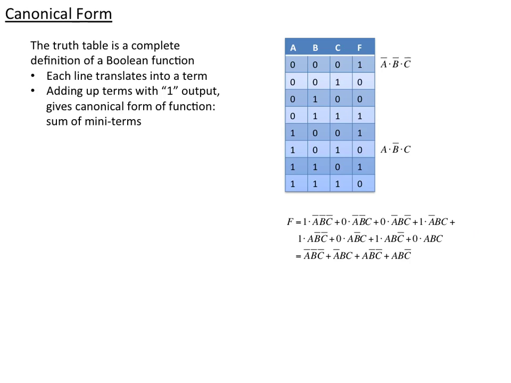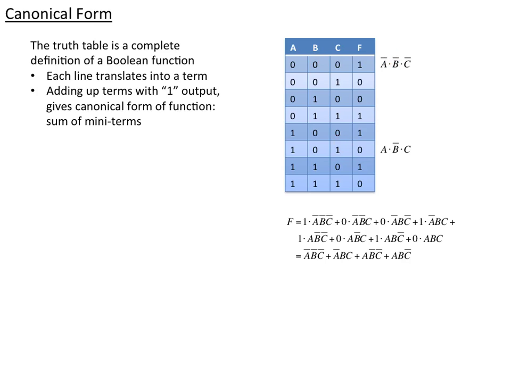The truth table itself is also, as we have seen, a complete definition of a Boolean function. And in fact, we can translate between the truth table and an algebraic form as long as we do it like this. So each line here corresponds to a term. If A is a 0, we put A bar. If B is a 0, we put B bar.